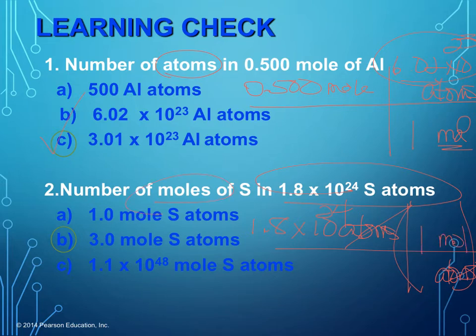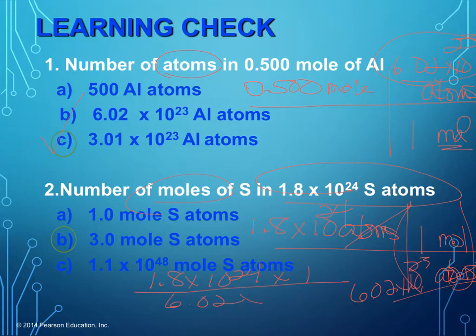The number 1 goes in front of mole, and 6.02 times 10 to the 23rd atoms. Atoms cancels, and of course this is now a division problem. You have 1.8 times 10 to the 24th times 1 in your numerator, 6.02 times 10 to the 23rd in the denominator, and the correct answer is B.